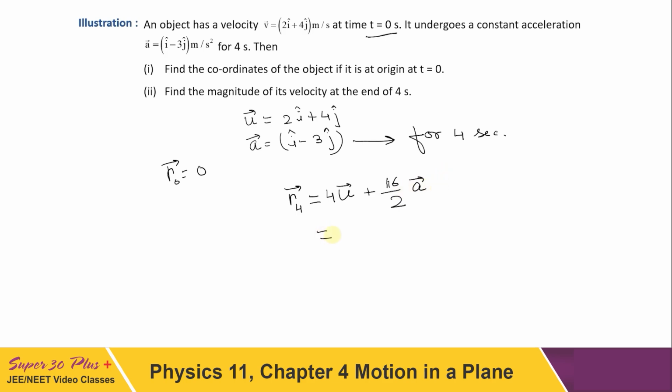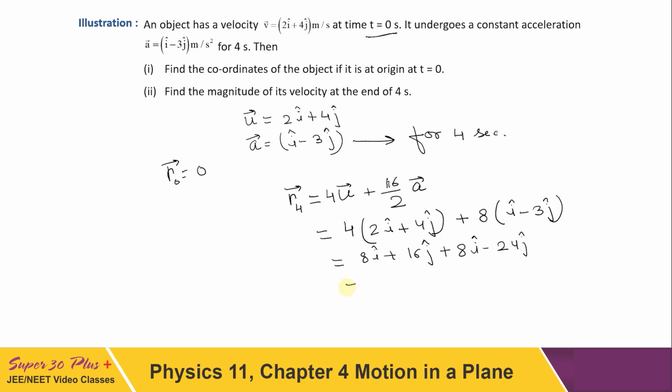Now if you substitute the values of u and a, we will get 4 times 2i plus 4j plus 8 times i minus 3j. That will be equal to 8i plus 16j plus 8i minus 24j, which is equal to 16i minus 8j.